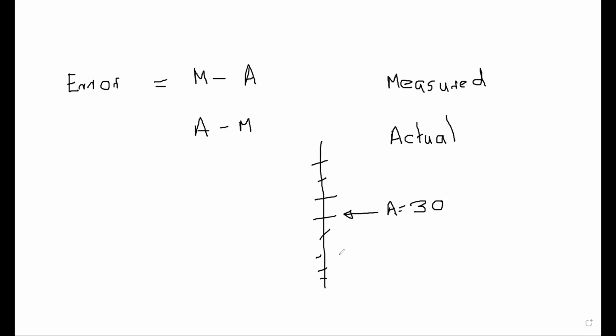Let's say I ask two groups of students to measure this. The first group measures it as 31. The second group measures it as 29. Both are possible. One group is 1 unit above, the other group is 1 unit below. For both groups, the actual one is 30.